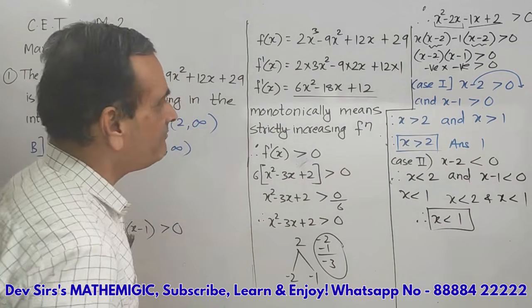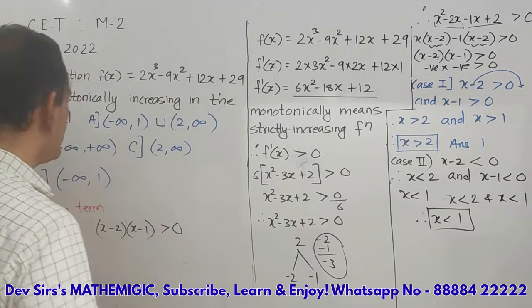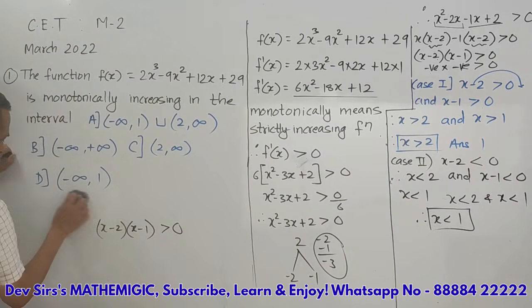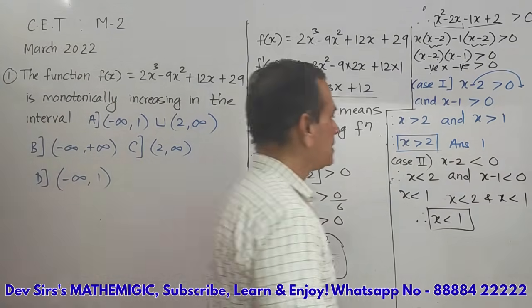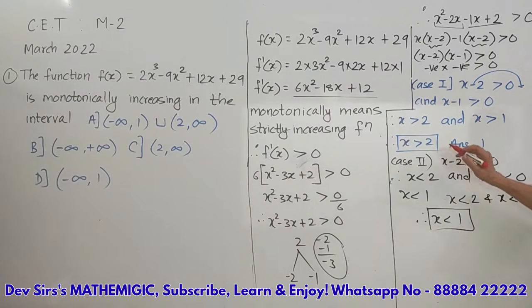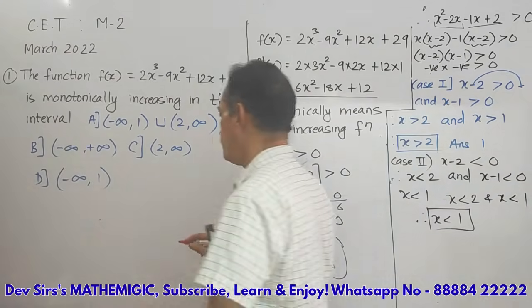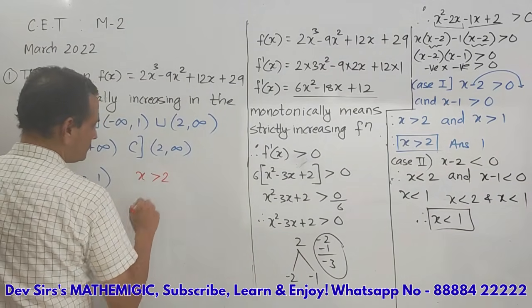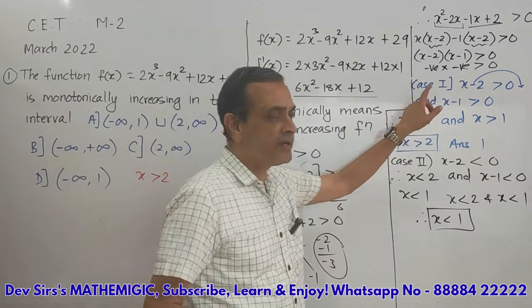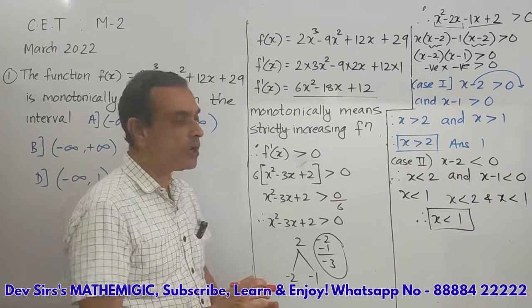So now our final way, how do we convert into inequality? Final steps. How do we convert into inequality? चलो देखेंगे. So, case 1 का आंसर x greater than 2. Now when there are two cases, there is always or in between.